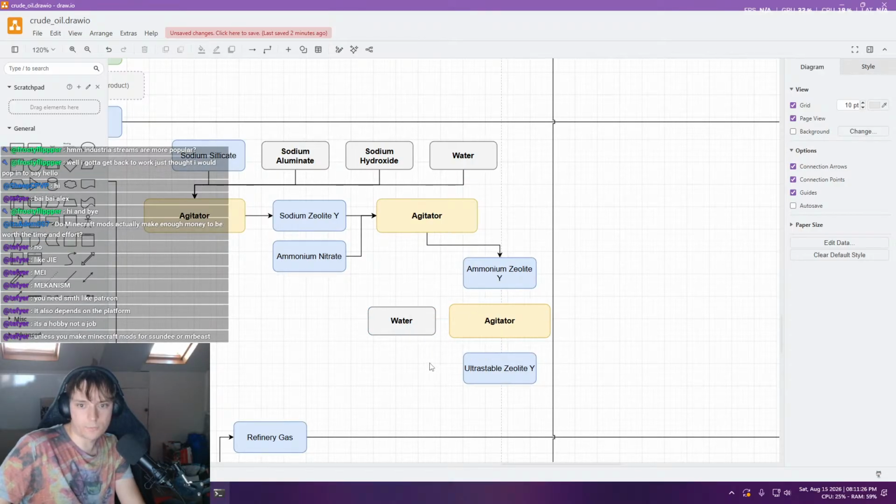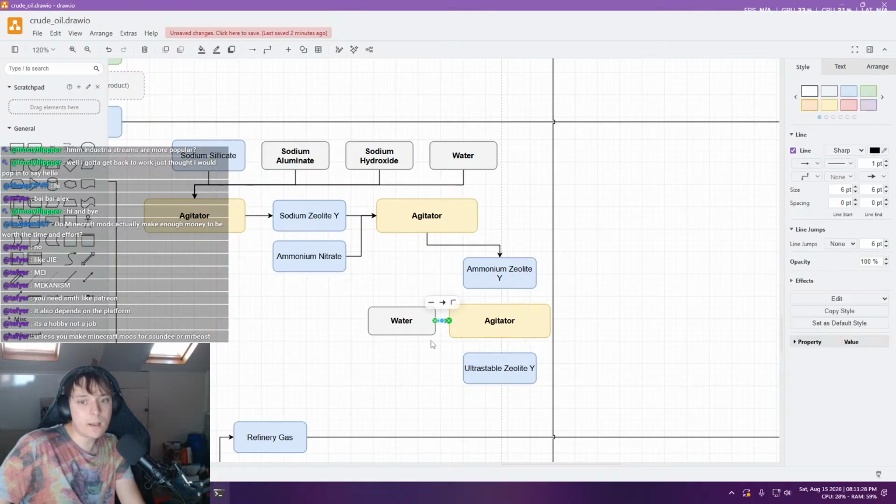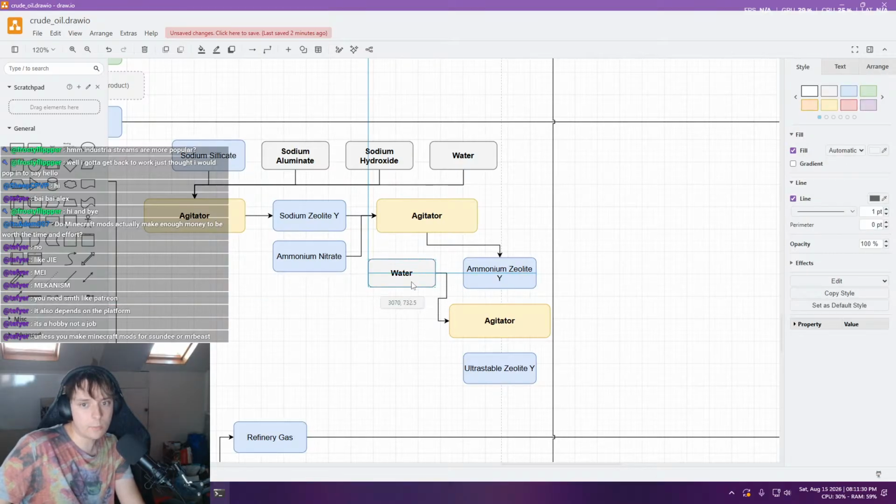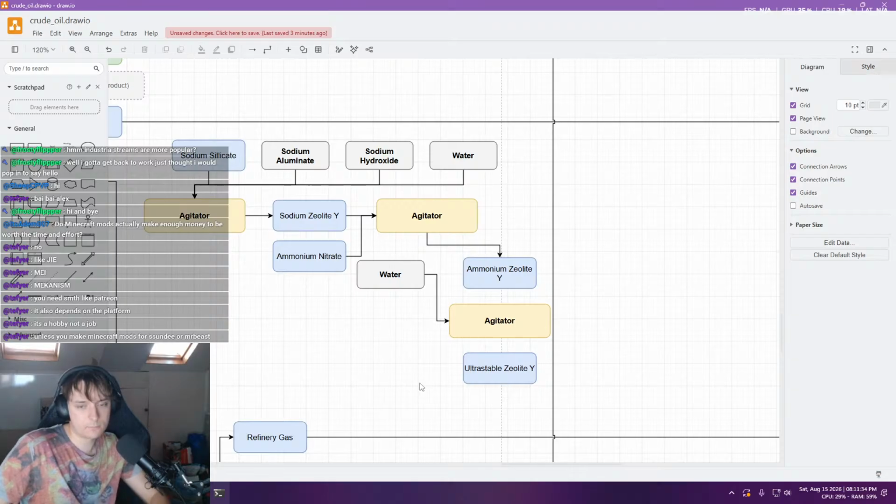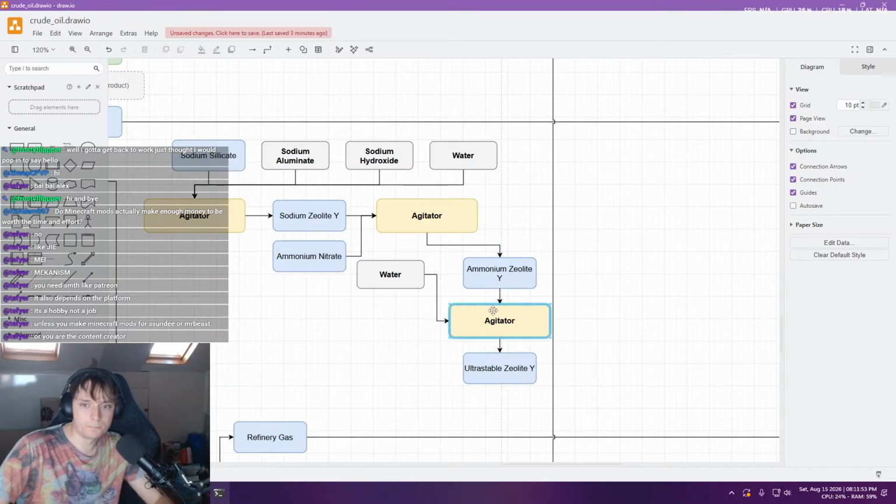Unless you make Minecraft mods for Sunday or Mystery. That is the other option. Yes, I will say, if you're making mods for a content creator, you can earn a good wage. You can earn a very good wage. But it's not easy to get into that. Or if you are the content creator. Sure.